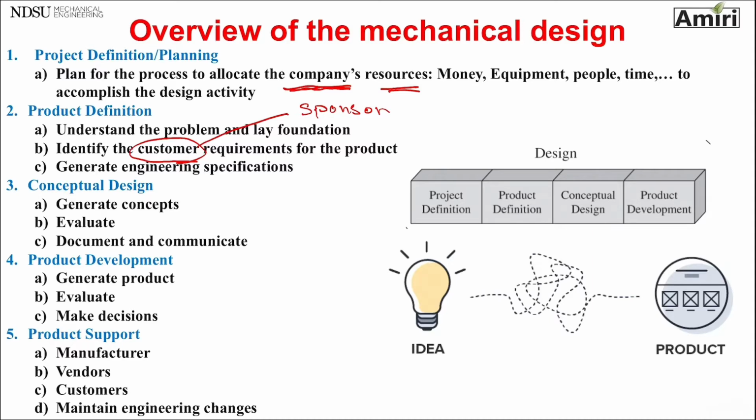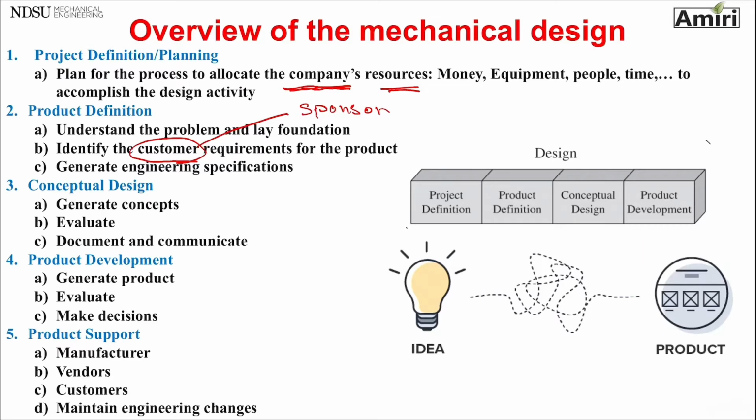In conceptual design, you have to develop concepts, evaluate concepts, select between your concepts, pick a final concept, and move on. At every step, you need to document and communicate that with your team, with your sponsor, with your mentor. In product development, which will be next semester, you will be developing a product or a prototype, evaluating it, testing it, making revisions, making modifications, and making decisions.